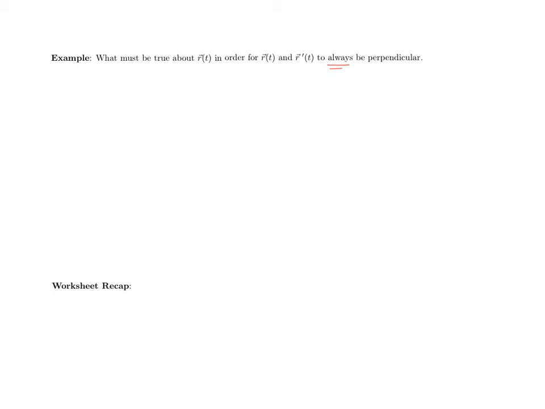And just to really hammer in the idea that this is not something we should expect to always be true, I'm going to write down a quick example. So no, r and r prime are not always perpendicular. For example, if r of t is something as simple as t, t, t, r prime of t would be 1, 1, 1, and r dotted with r prime is 3t.